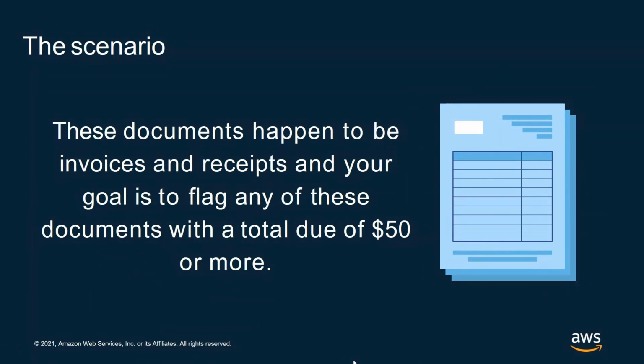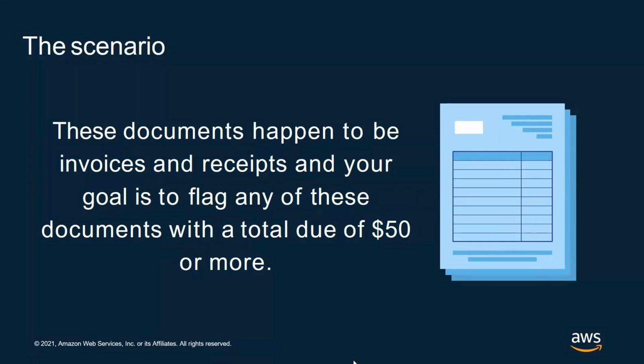The scenario is that your company wants to process these invoices and receipts, and your goal is to flag any of these documents with a due amount of $50 or more.